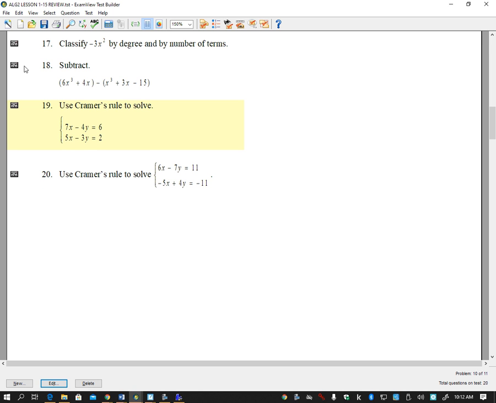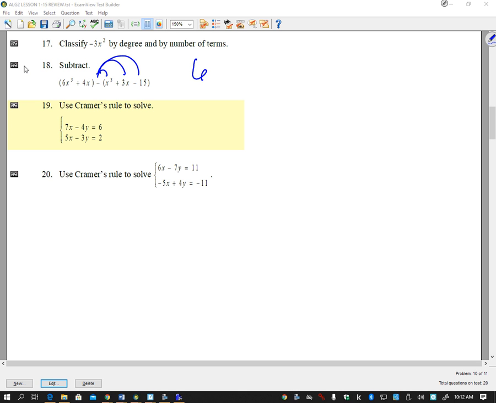Okay, so this is a great question to look at because a lot of people miss this for one very simple reason, and that is I am subtracting all of x cubed plus 3x minus 15 from 6x cubed plus 4x. Okay, which means in order to get an accurate representation of it, I need to distribute the negative to every term, okay, because I'm subtracting all of those terms.